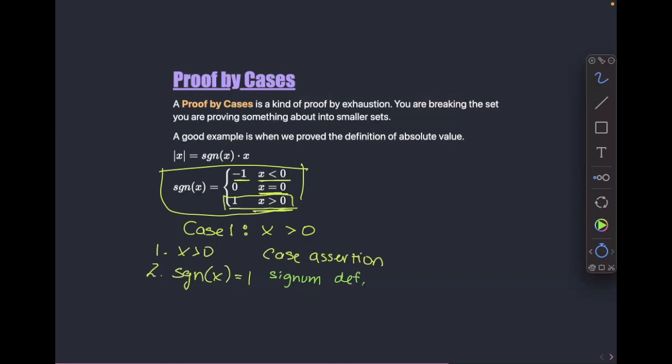Then what I really want to get to is signum x times x, so that I can get to the absolute value of x. So if I multiply both sides by x, I have x times signum x equals x.